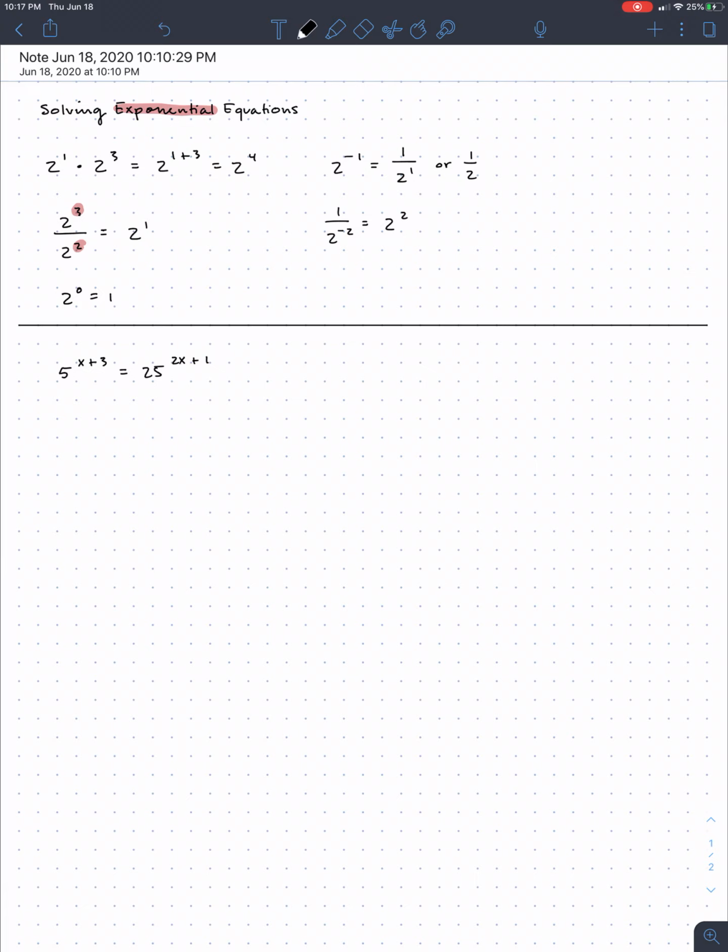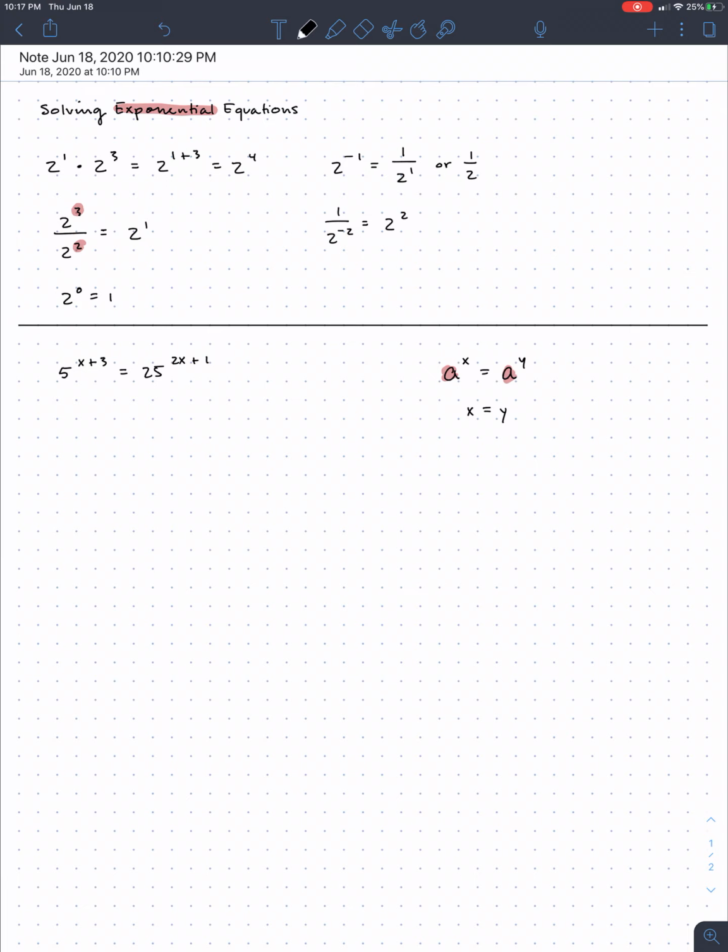So when we have exponential equations, we are going to use a rule that says if I have two terms where the bases are the same, but the exponents are different, so both of these have a base of a, then I can say that x is equal to y, or that my exponents are equal to each other.